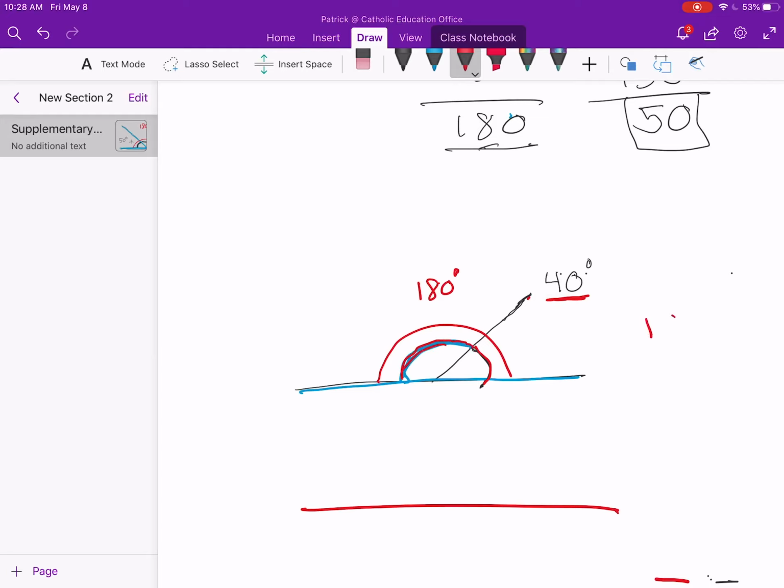So let's go 180, take away 40, 0 take away 0, 8 take away 4 is 4, 1 take away 0 is 1. So we know that this side has to be 140 because 140 plus another 40 equals 180. And it has to equal 180 because this line is a straight line, which is a straight angle, okay?